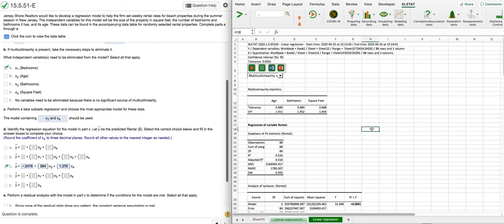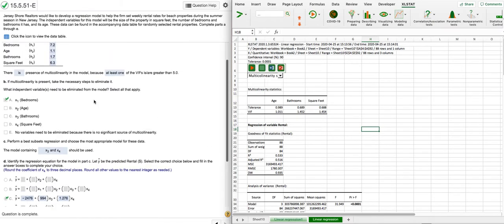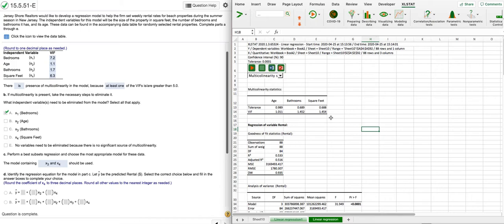And now we can see that age, bathrooms, and square feet, the 3 remaining variables, are all well below 5. Square feet was 6.3, we removed the higher VIF, and that got the square feet variable back in line. So that's why we wouldn't just immediately toss out both to begin with.